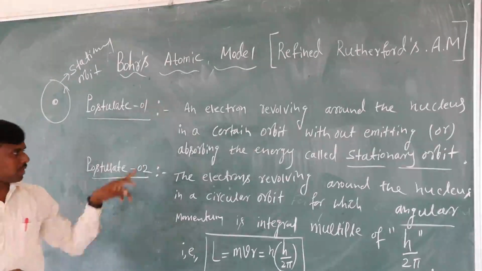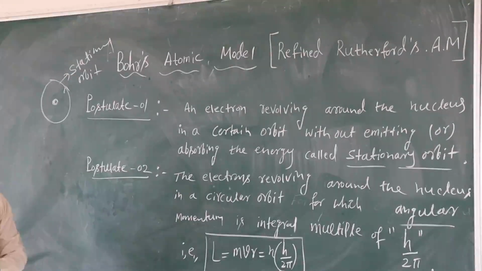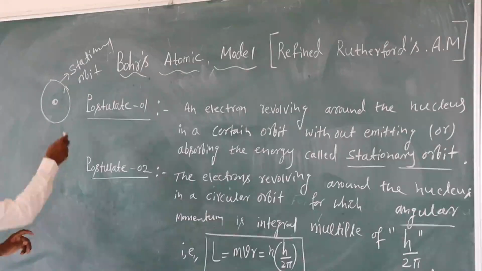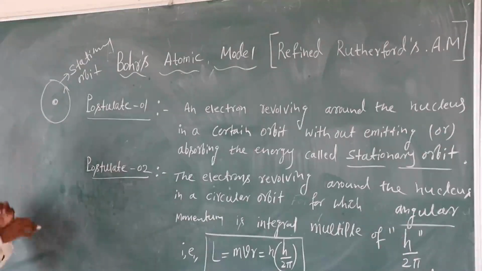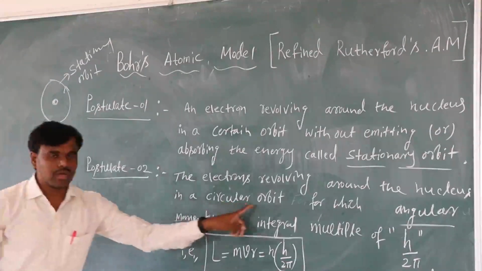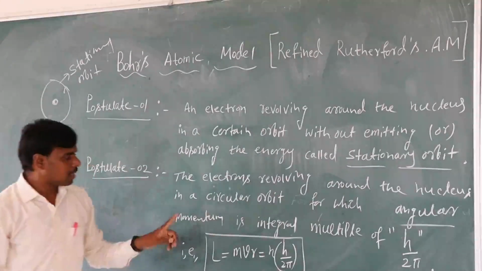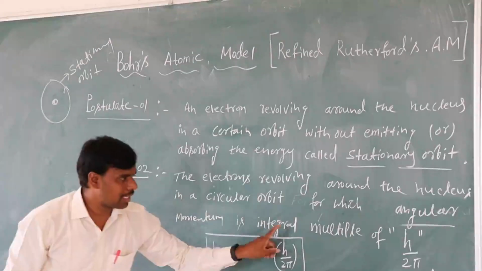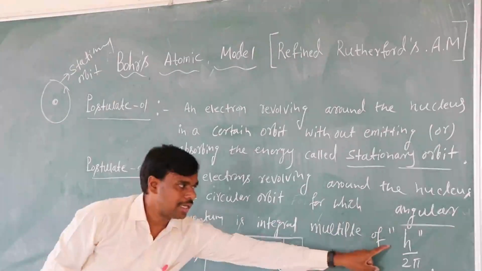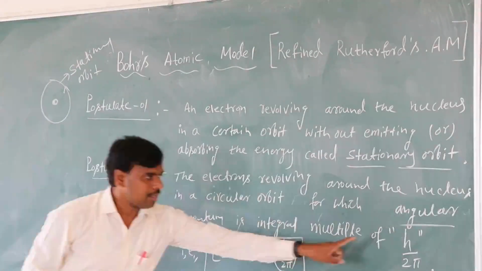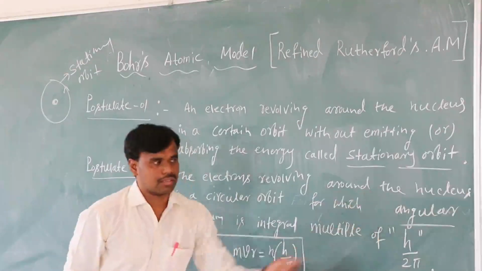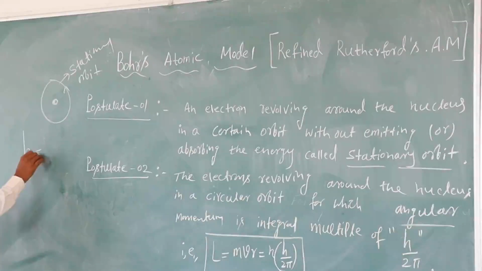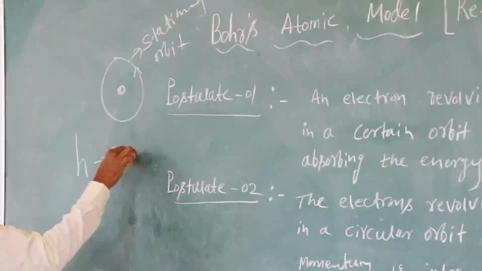The next postulate, that is postulate number 2. Here, the electron revolves around the nucleus in a circular orbit for which the orbital angular momentum is equal to an integral multiple of h by 2 pi, where h is called Planck's constant.